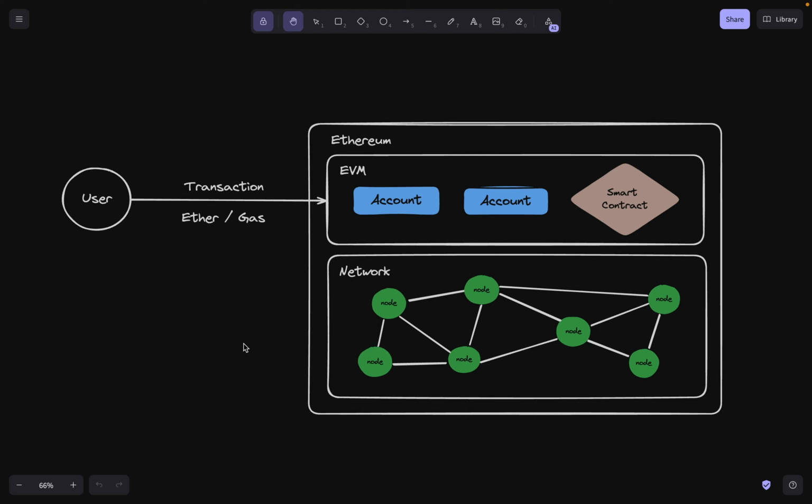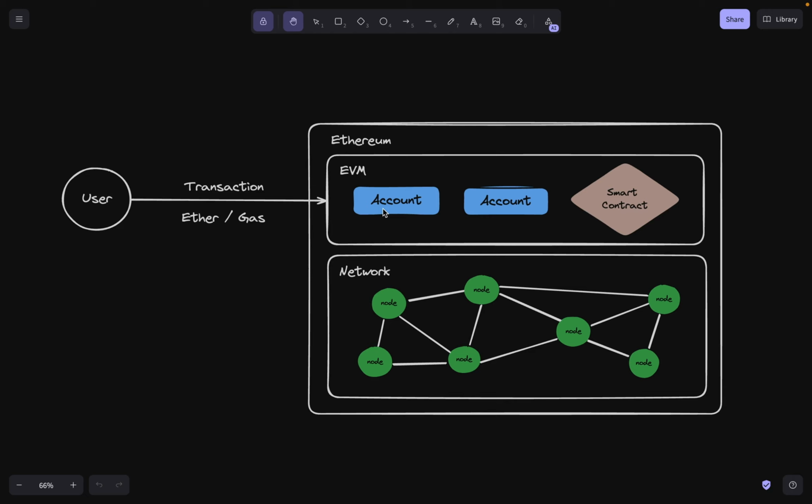So, again, if we go back to our diagram here, in the EVM state, we have our accounts and we also have smart contracts. Smart contracts are in a way special accounts that also hold executable code within them. And whenever you make a transaction request, let's say you are calling Uniswap to swap some tokens, you are basically creating a transaction request on the Ethereum network, and you'll send in some Ether along with it.